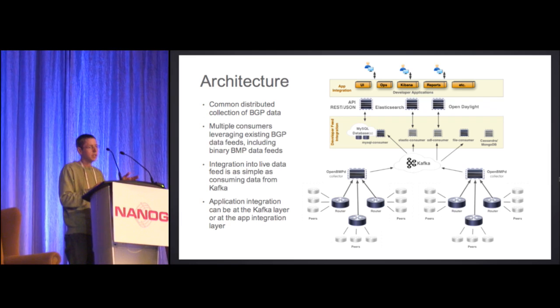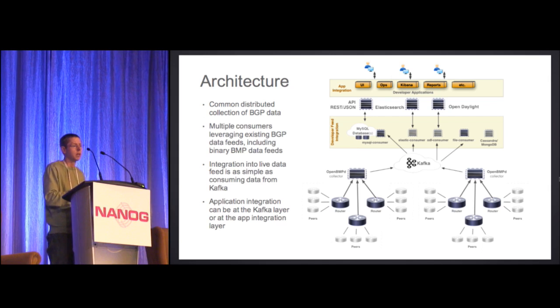And the collector has evolved over time. We have made it so that it lessens the burden on the router as much as possible. So the idea is to not require the router to buffer, and not to require the router to do any extra work than it has to do. So it will forward messages regardless and send messages to Kafka even if the consumers are not there or not functioning.